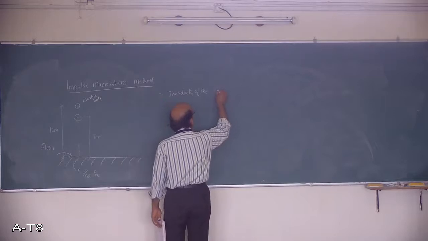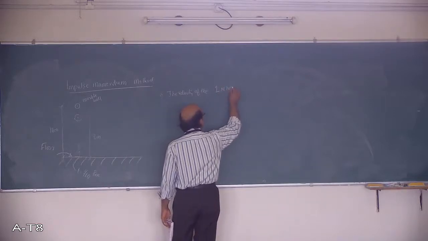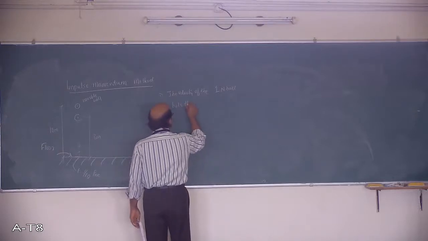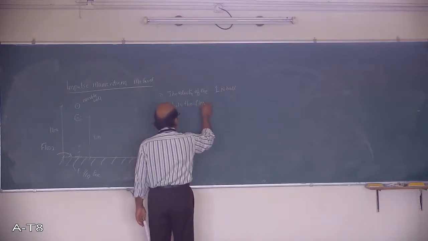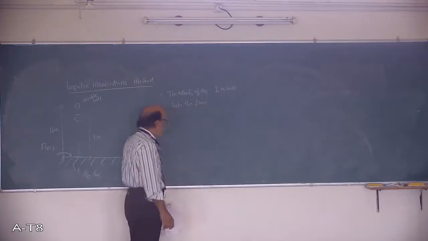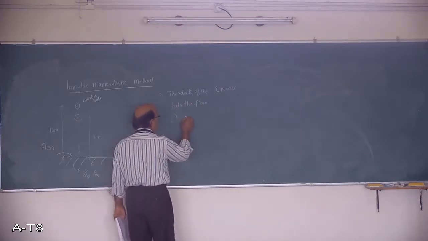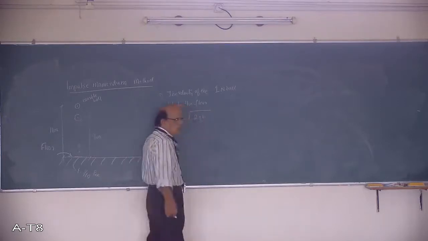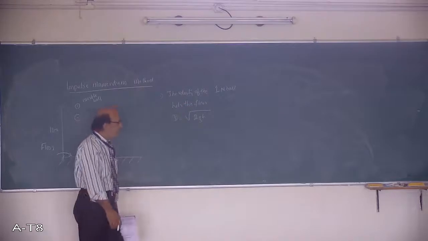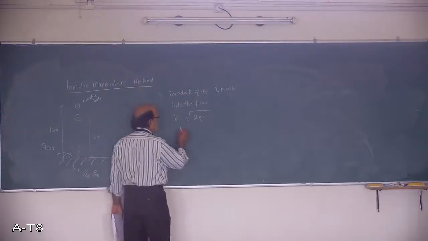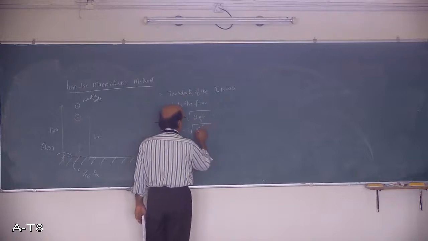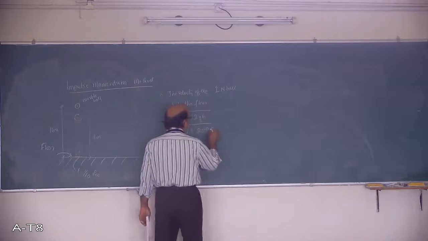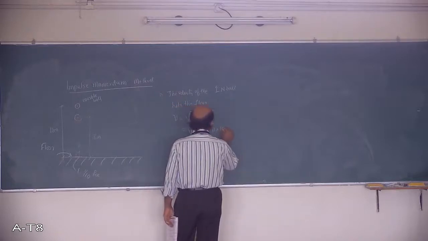The weight is given, the marble ball hits the floor. At what velocity does it hit the floor at contact? So V is equal to root of 2gh. It is a general equation, and most of the time you have used it. Then you can work out 2 into 9.81 meters per second square into height of 10 meters.